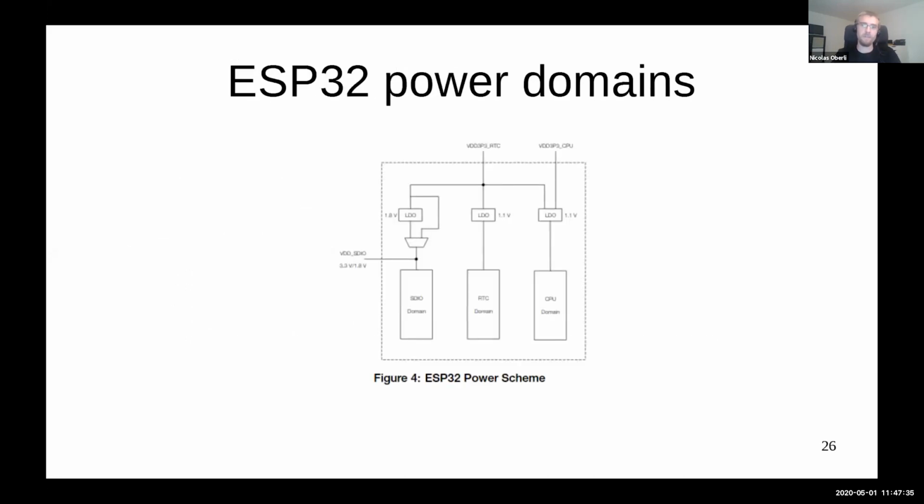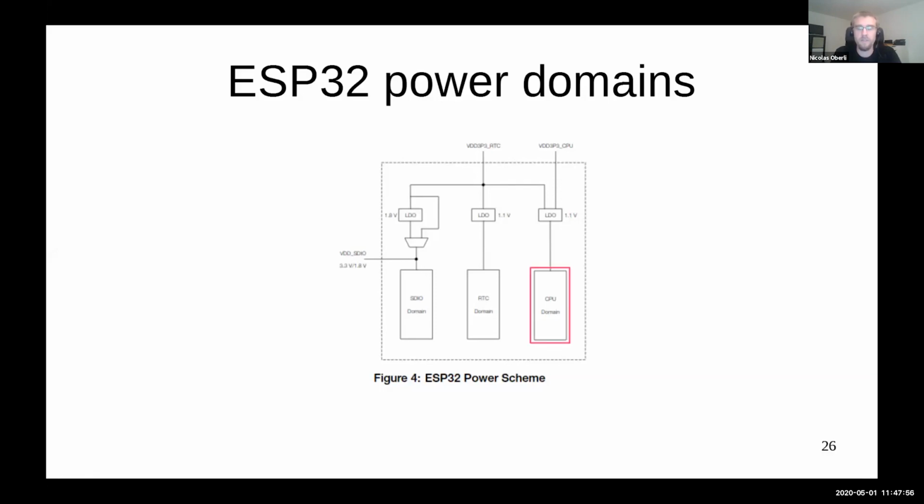Now that we have our target, first things first, we have to know exactly how it works. So we dug into the datasheets. The interesting part for us is to find which pins we need to target to inject the glitch.